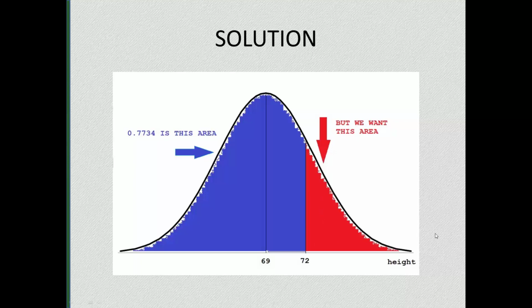How do we find that? Well, we take the entire curve, 100%, 1, subtract off the stuff we don't want, and we're left with the stuff that we do want. In other words, 22.66% of the population is 6 foot tall or taller.